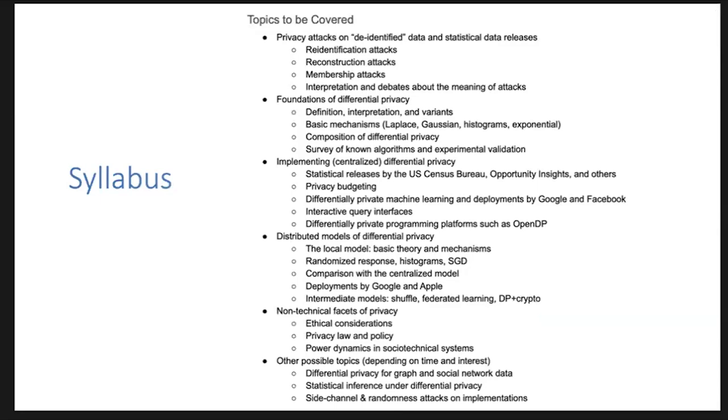And then we provide a firm foundation of differential privacy. This includes the definition, interpretation, and also basic properties like composition. We survey some known basic algorithms. But an important thing is that when we teach this part, we also have pair learning. When we have one lecture of theory, together with it there is a module that is more implementation oriented.